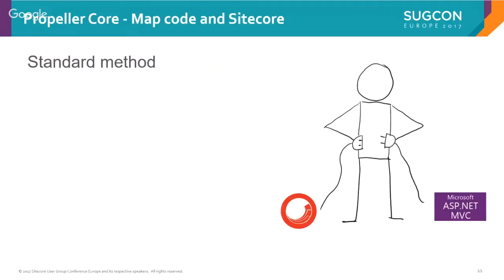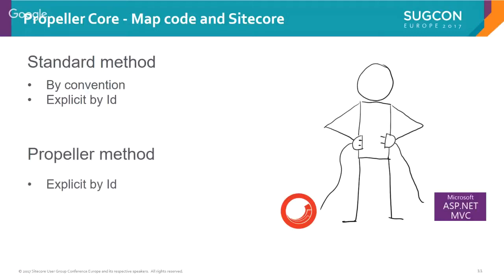And normally, we have a few options. We can do it by convention, by just using the name of the field, or we can do a more explicit mapping where we can use the ID. But how did we want to do it with this Propeller core?